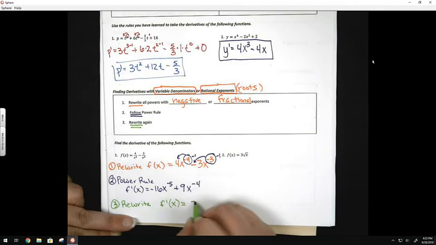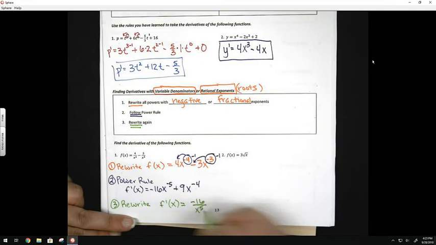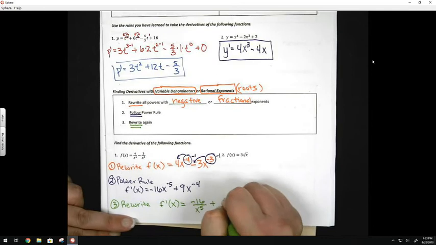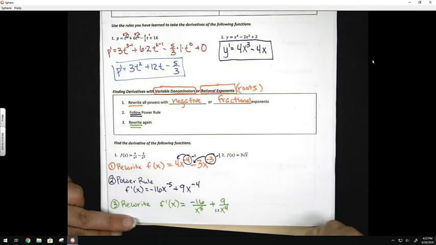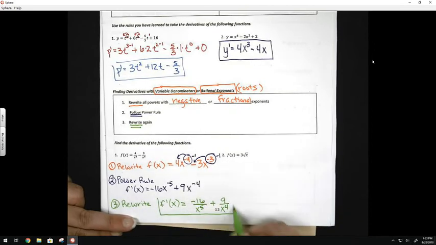So this is negative 16 over x to the 5th. And then over here, we have plus 9x to the negative 4th. Well, again, x to the negative 4th, that's a negative exponent, so drop it like it's hot. 9 over x to the 4th. And that's our derivative.